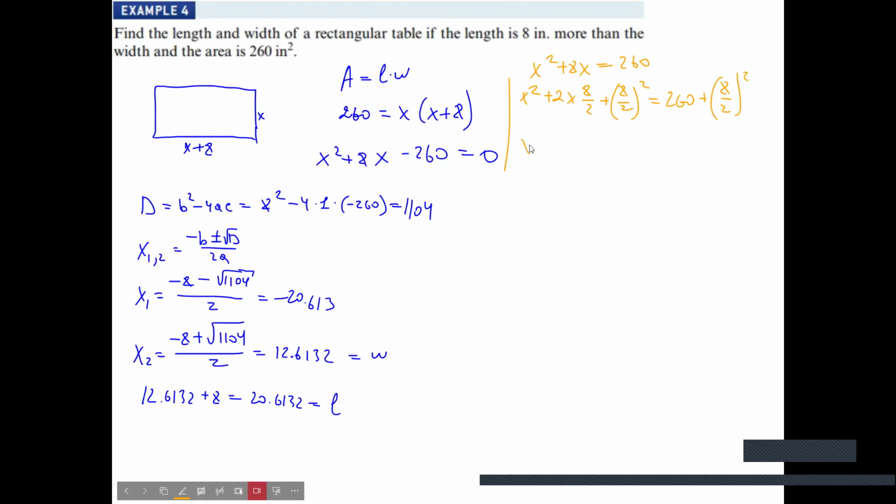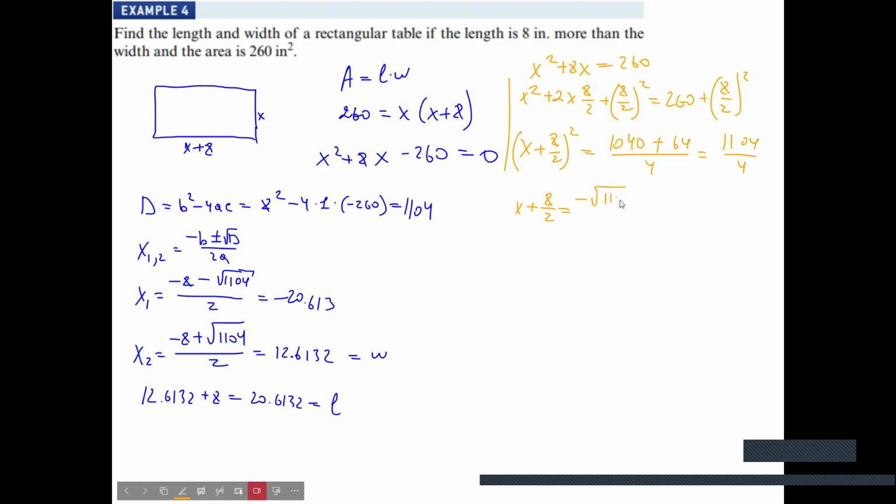So here I have x plus 8 over 2 squared equals 260 times 4, that's 1040, plus, oops, 64 over 4. So what is it? 1104 over 4. Yes? Yes.